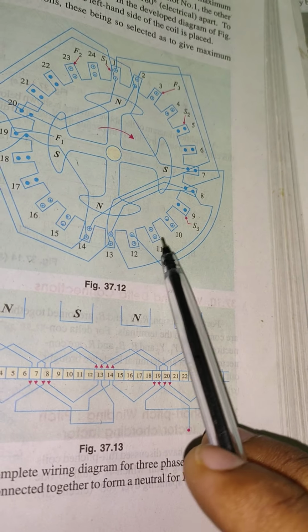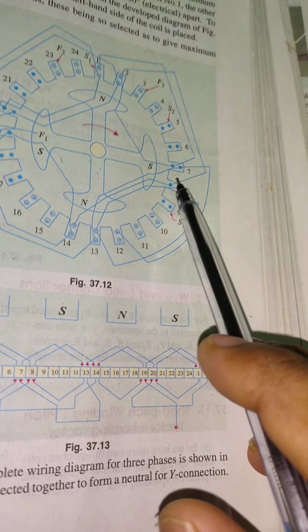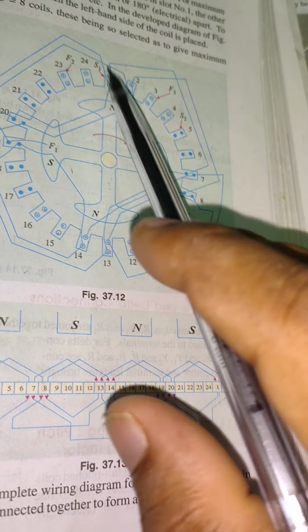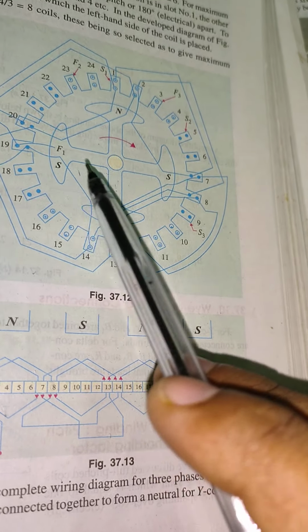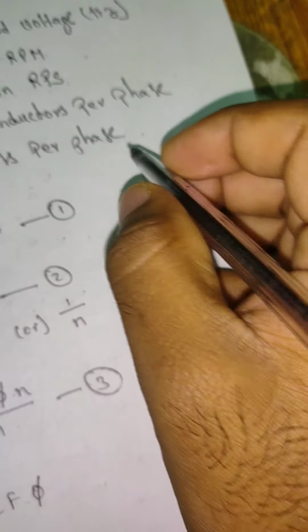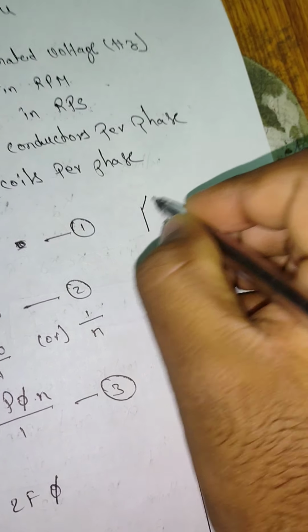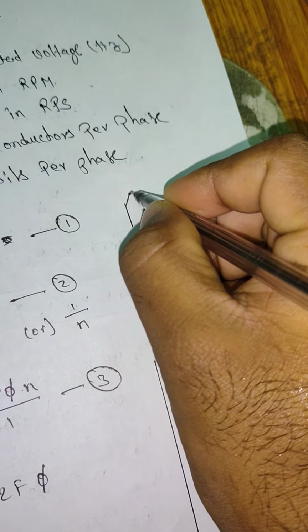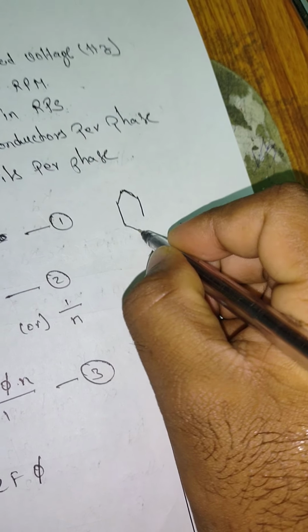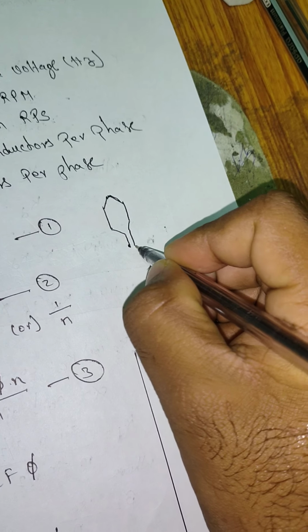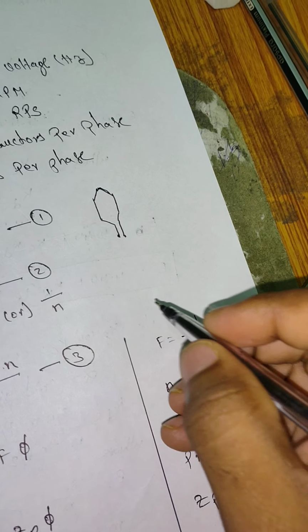Now in the armature winding we will have the coils, and the coils have conductors. What is the difference between a coil and a conductor? This part we call a coil.